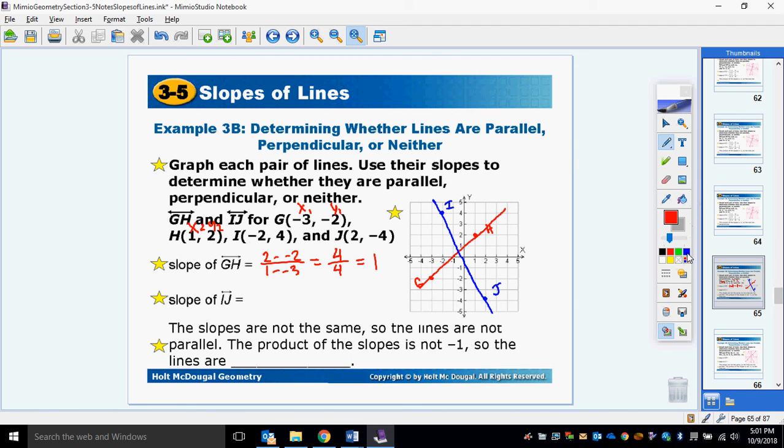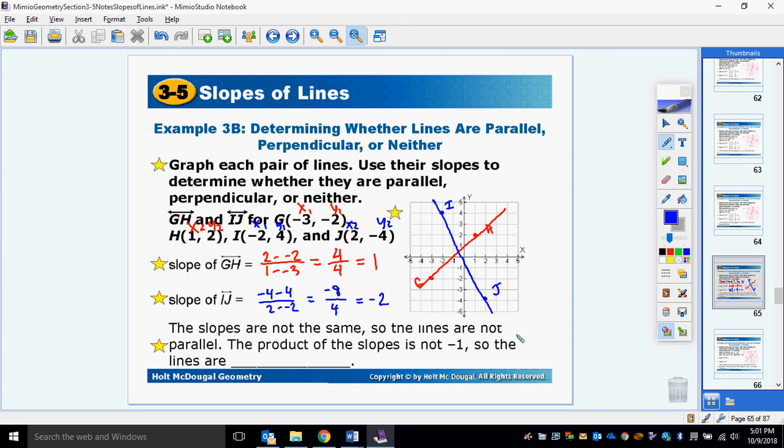And then let's find the slope of IJ. Go ahead and label them. So I'd get -4 minus 4 over 2 minus -2. -4 take away 4, we're back at -8. And minus a negative would be plus a positive, so that would reduce to -2.